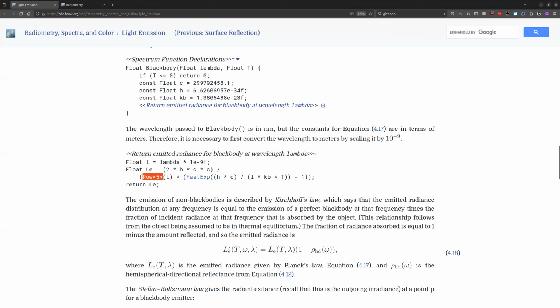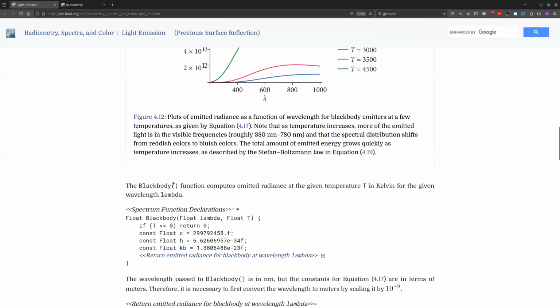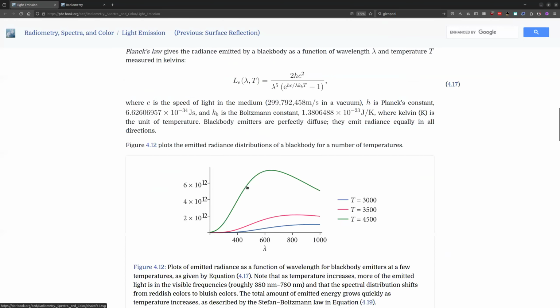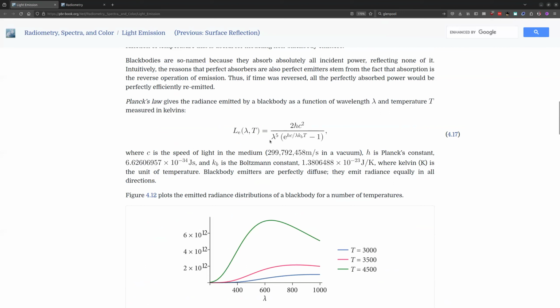It's the fifth power of the wavelength, divided by the fifth power. So the energy emitted, the higher the... I'm just thinking the fifth power is a very large power.